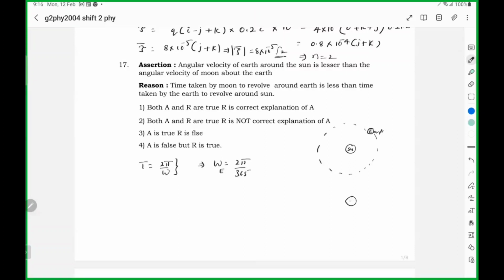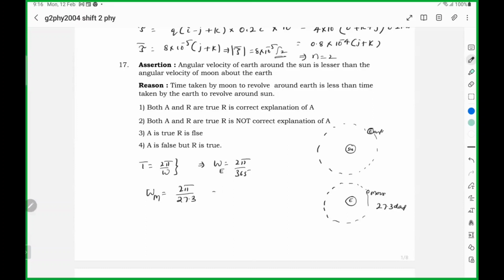Here, this is the Moon. The Moon will take 27.3 days to complete one revolution, so omega is 2 pi by 27.3.